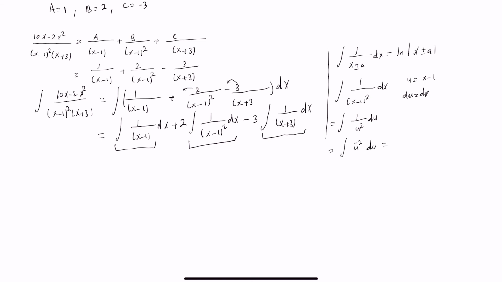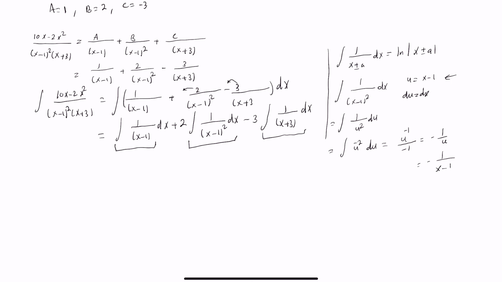Now let's integrate. This integral is going to be u to the minus 2 plus 1, which is minus 1, over minus 1. This is going to be equal to minus 1 over u. Now let's back substitute the value of u, which is x minus 1. That's going to be minus 1 over x minus 1.